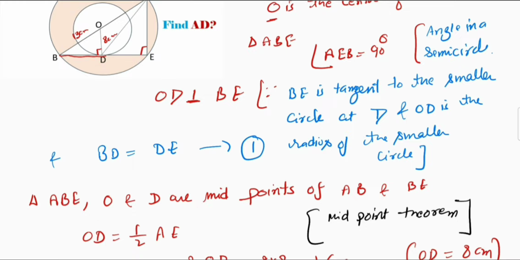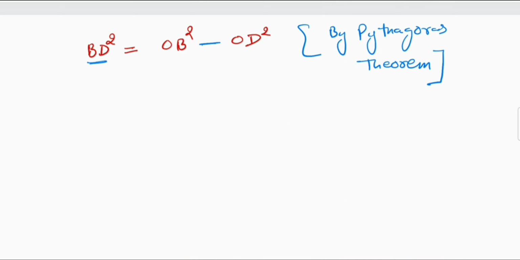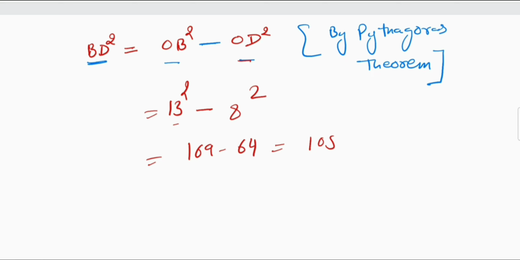So by Pythagoras theorem, BD square is equal to OB square minus OD square. OB square is 13 square minus OD square, which is 8 square. 13 square is equal to 169 minus 64. If we subtract these, we'll get 105.